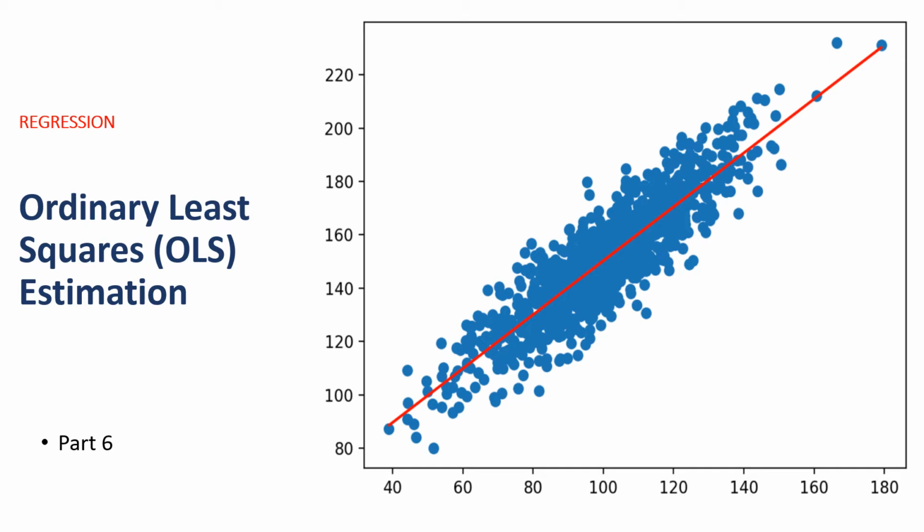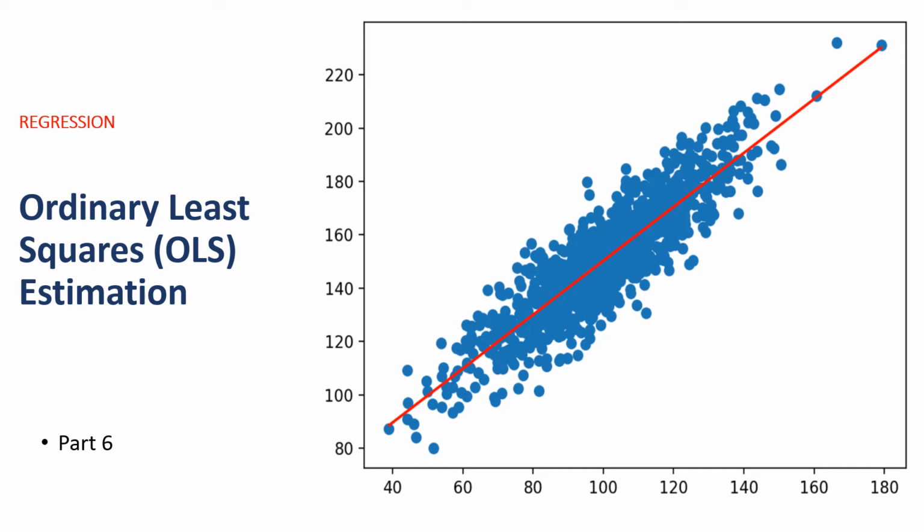In the case of simple linear regression, we have one dependent variable and one independent variable. So x is the independent variable and y is the dependent variable, and the linear regression model can be expressed in the format of the slope intercept form of a straight line, that is y is equal to mx plus c.